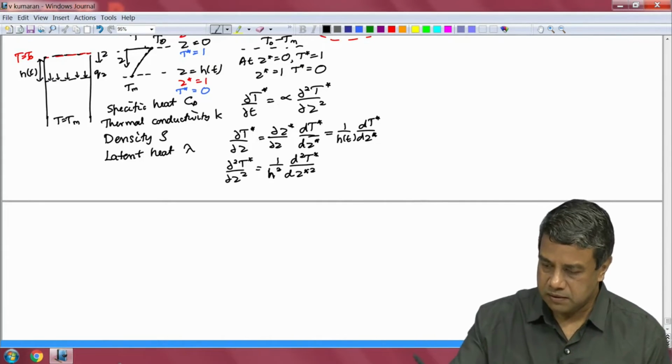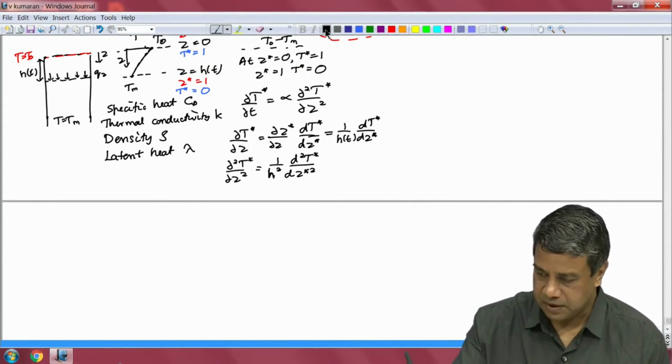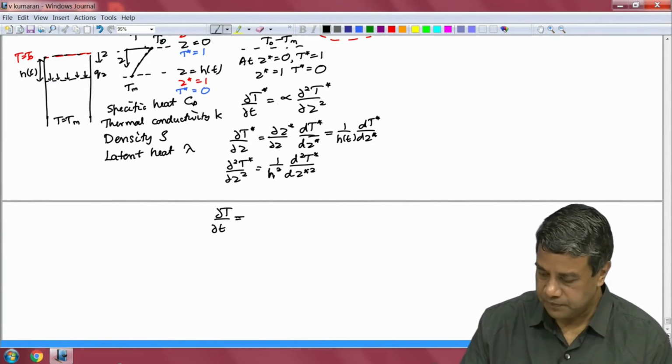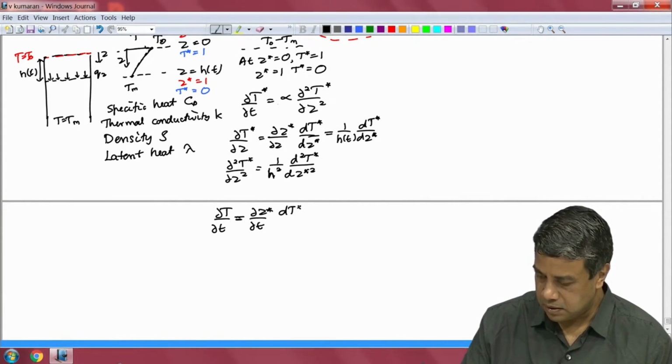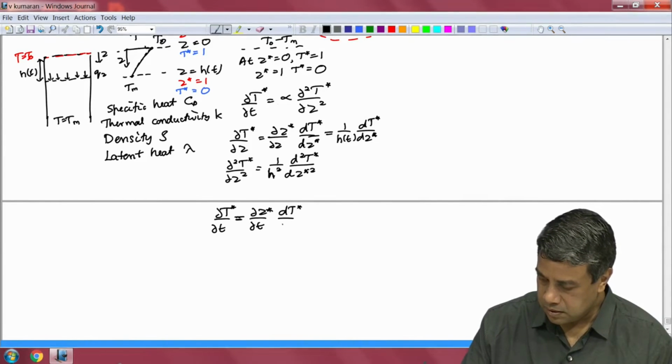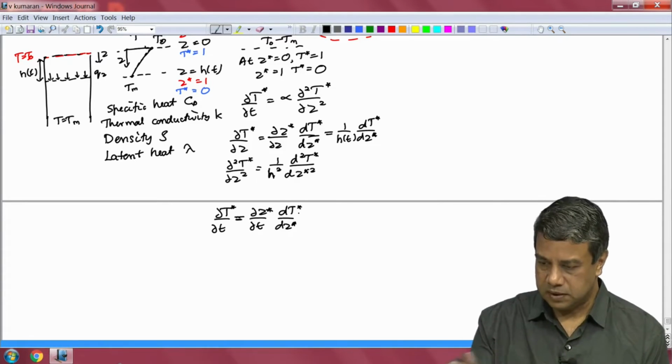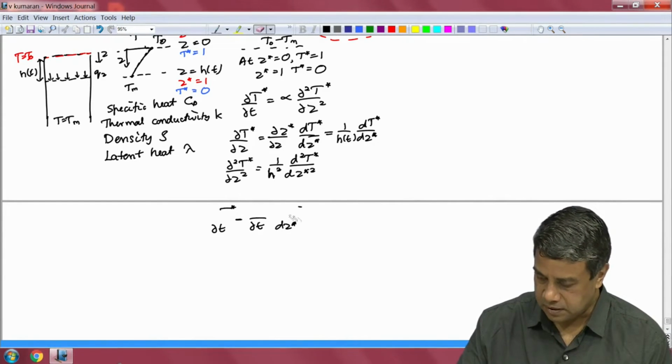Now, what about the derivative with respect to time? The time derivative. Partial T by partial t is equal to partial z star by partial t, let me just write it on the left so that I can do the calculation.